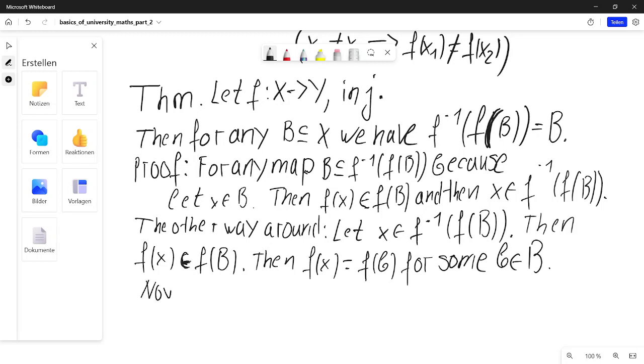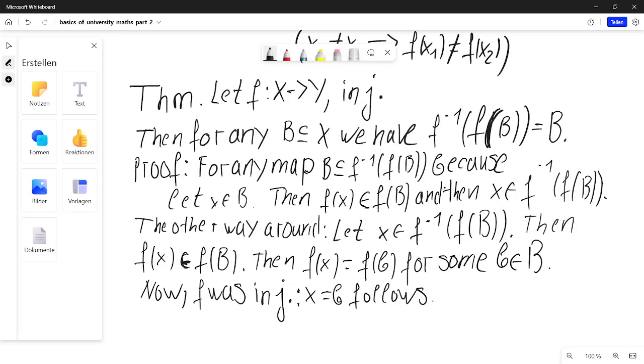Now f was injective, and as you can see, I kind of increased the pace because we are already on a level where I can afford it. Then x equal b follows, just the definition of injectivity applied directly.